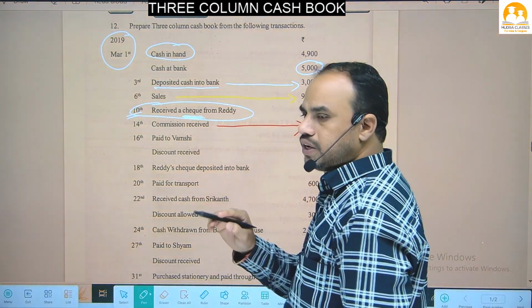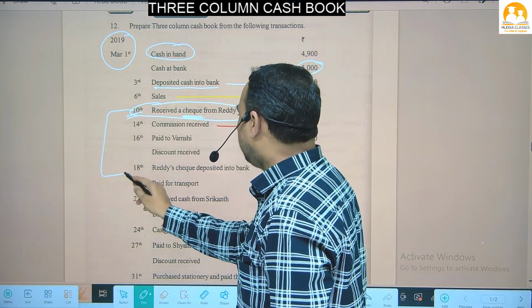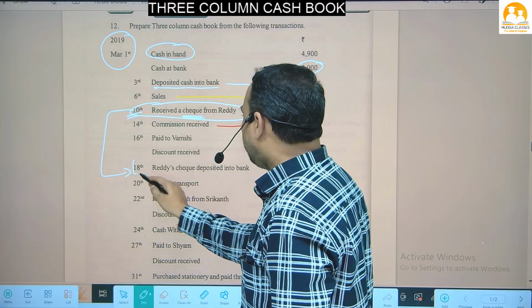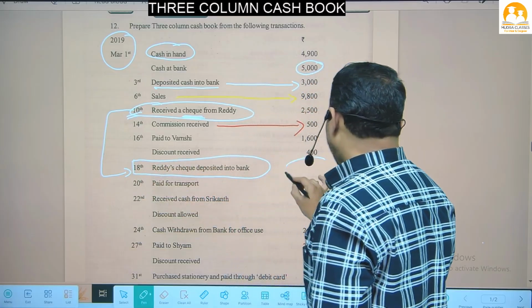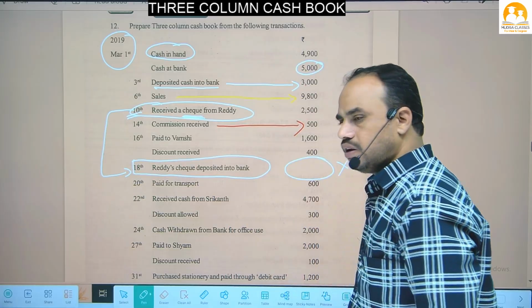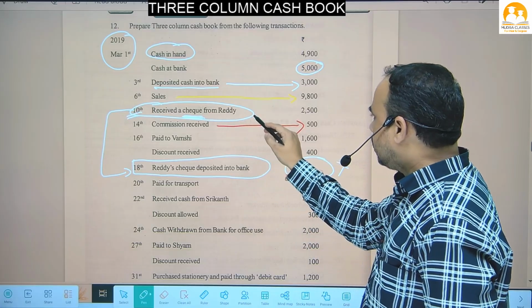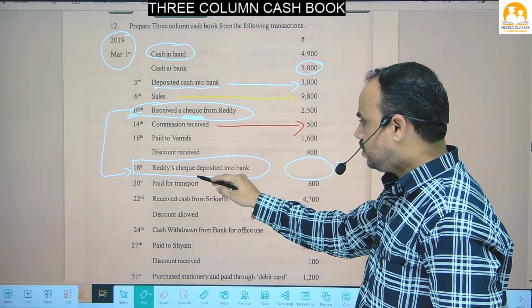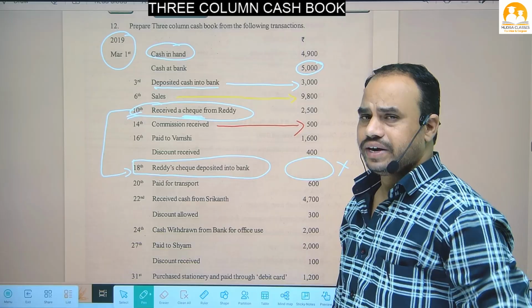Reddy's check deposited into bank. Very, very important. Here on 10th date we received one check from Reddy, and that check we deposited into the bank on the 18th date. And here the amount is also not given. So Reddy check received on 10th date and deposited on 18th date. This is the third situation in the contra entry.